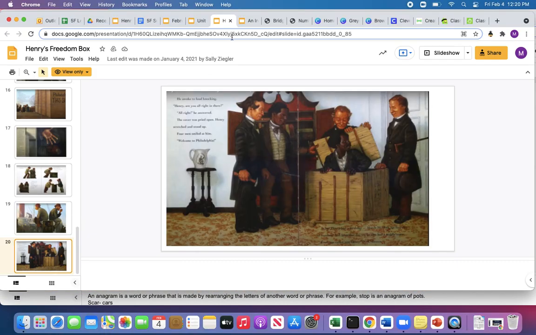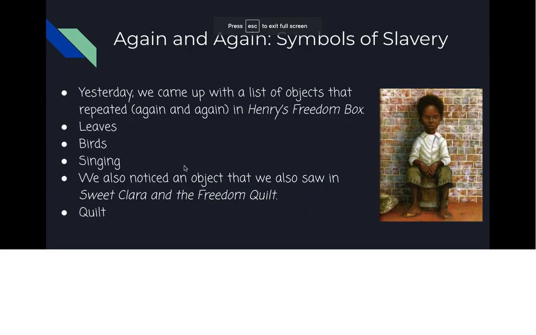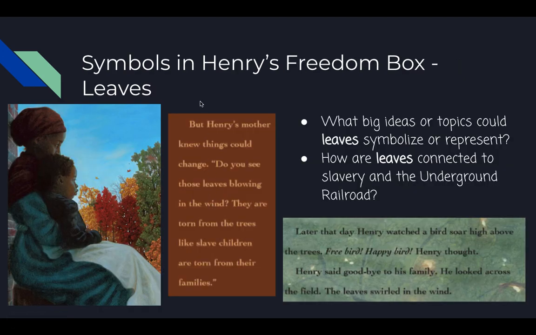Okay, so if you did not get any symbols written down, here are some that I found along the way: leaves, birds, and singing. Let's take a look at the symbol leaves. What big ideas or topics could the symbol leaves represent? Here on one page, we saw that Henry's mother knew things were changing and noticed the leaves blowing in the wind.